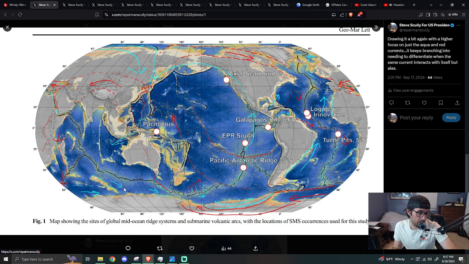So this current is basically doing a little loop here and then continuing and then seemingly going up, but also continuing to go across here.